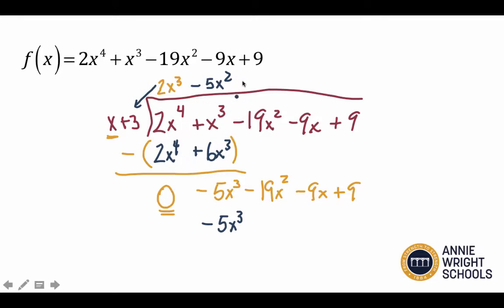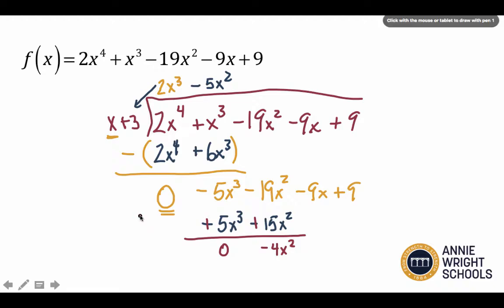Then we take minus 5x squared, multiply by 3, and we get minus 15x squared. And then we subtract that whole difference, but remember, I just like to add the opposite. So now I add these up, and I get negative 4x squared. If you notice, I just skipped this because I know it's going to be a 0.